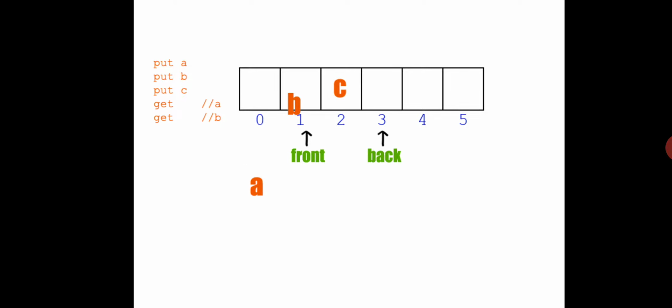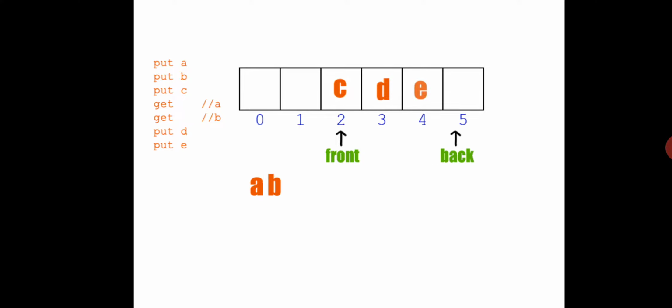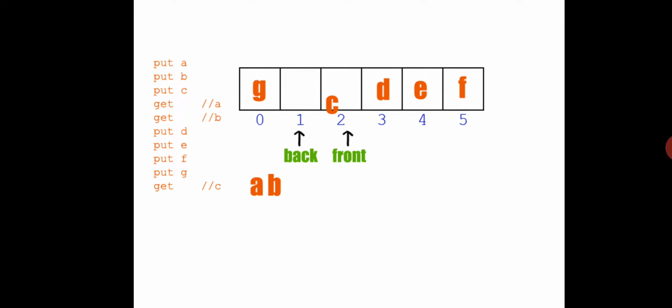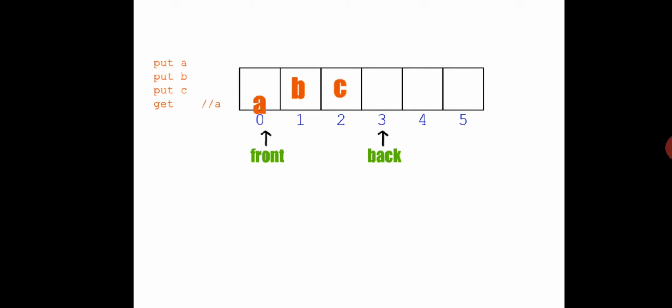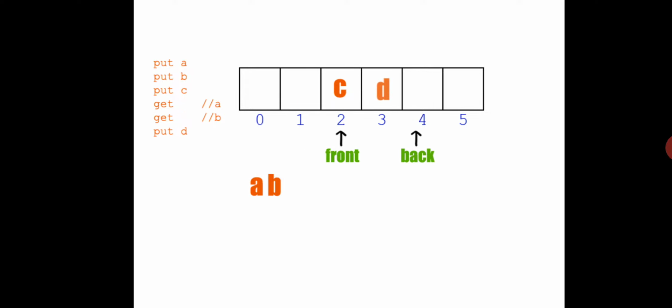Then we need to reutilize the previous locations. When the back reaches the condition n, we assign it to 0, with front less than back. If front is not equal to 0, front is at another location, and then we assign accordingly. This is the working mechanism of the queue.